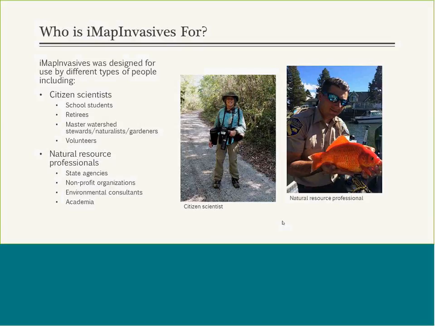There are also nonprofit organizations such as the Western Pennsylvania Conservancy, which is where I work, and the Pennsylvania Sea Grant Program, one of our partners, which is also a nonprofit. There are a lot of folks in that realm using the system, as well as consultants and folks in the academic world. So it's a very broad range, and the folks on today's training are a great way to account for that.